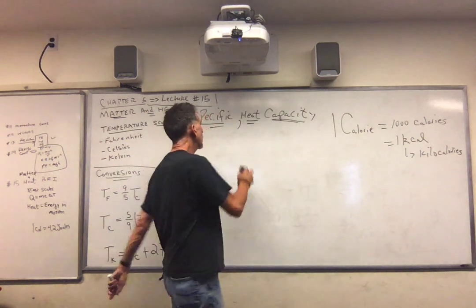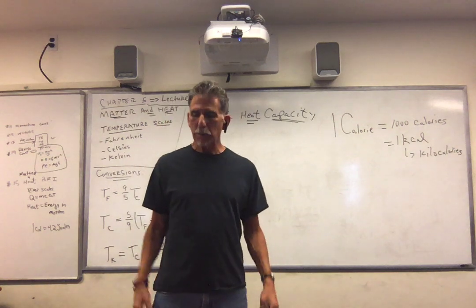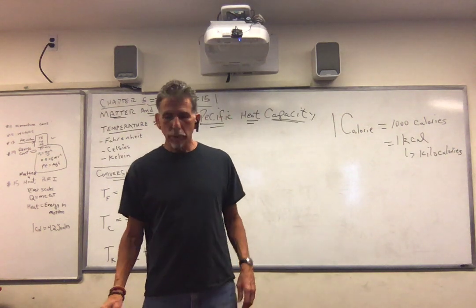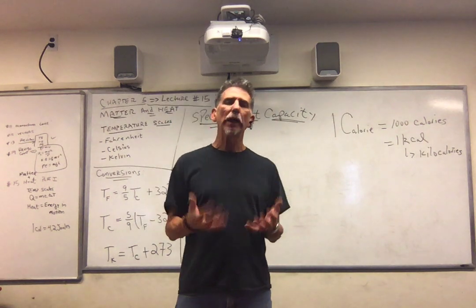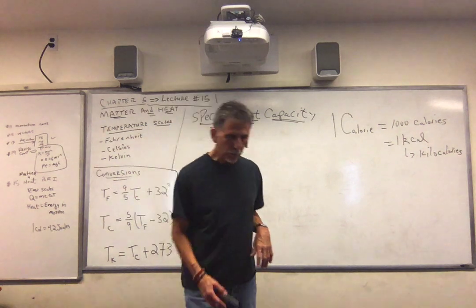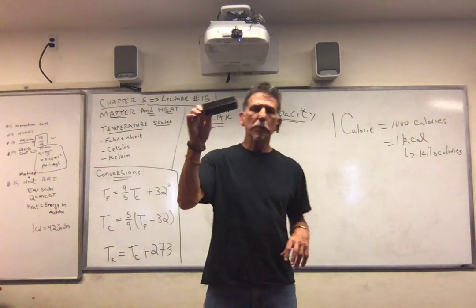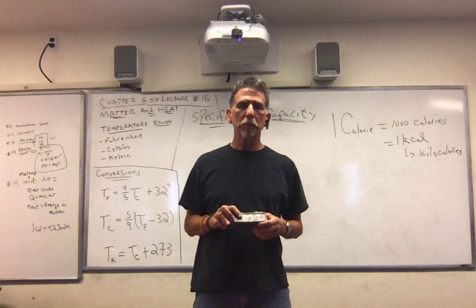Specific heat capacity, specific heat capacity. What's specific about it? All right, let's talk words. What I'd like to do is use words and then convert these words into an equation, okay, to show you that it's not that confusing. Everybody imagine that this eraser is a piece of copper.